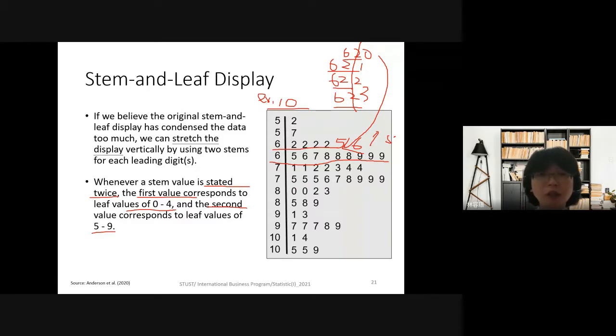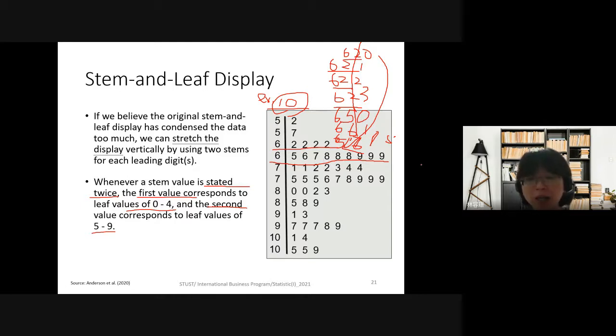For example, if today you have a lot of data like 620, 621, 622, 623, 614, 615, 661, 671, and your leaf unit is 10, you can express them by 62, 62, 62, 62, 65, 66, 67.